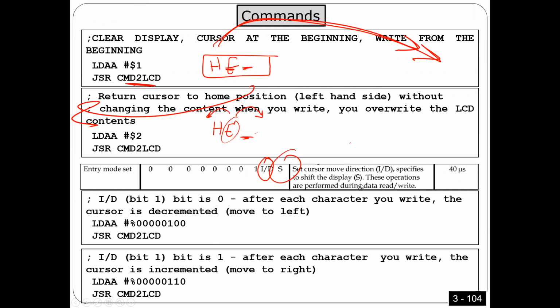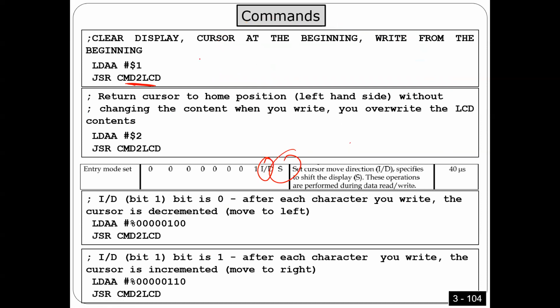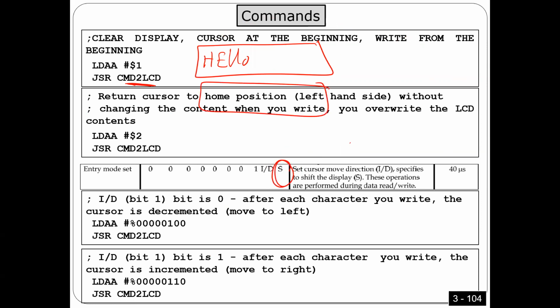Sometimes you want to do something like moving text. For example, hello, I want to shift the whole text. If it is this way, I want to make something like rotating. So here I want to shift the text. So this one can control it. Do you want to shift the text or not?